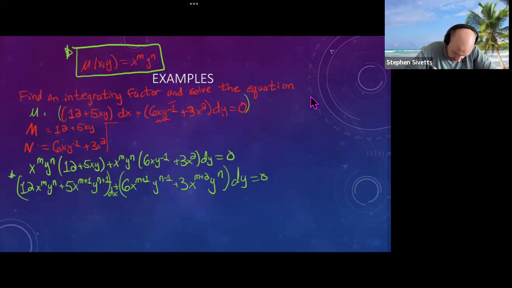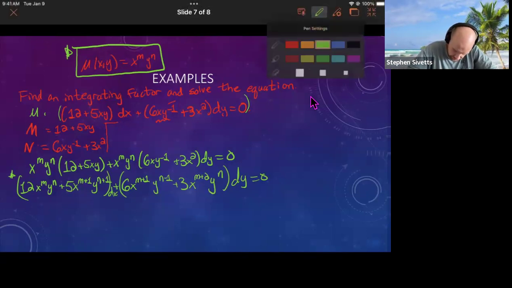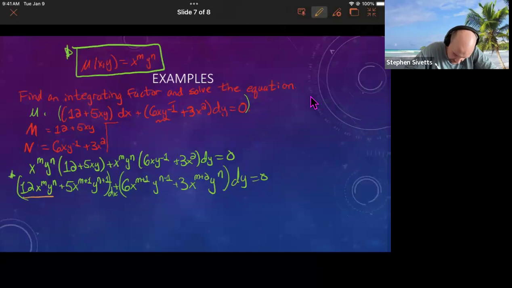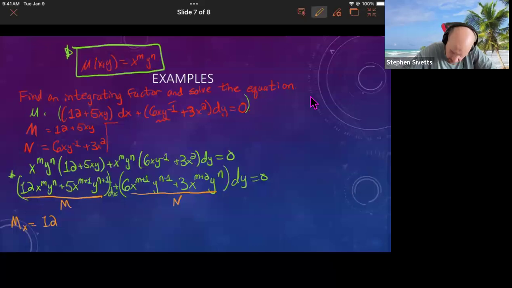If we use this quantity as M and this here as N, the partial of M with respect to y, I got to get this right.